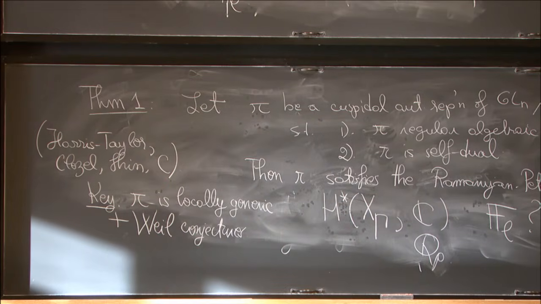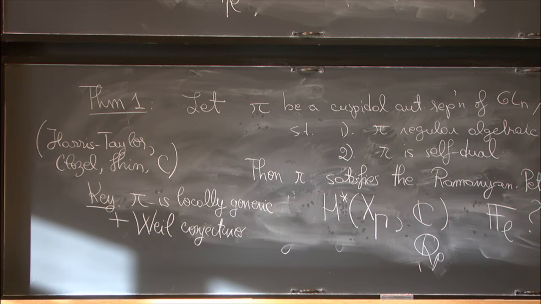So they outline a strategy for extending the Taylor-Wiles method, say to the case of GL_n, to higher dimensions.